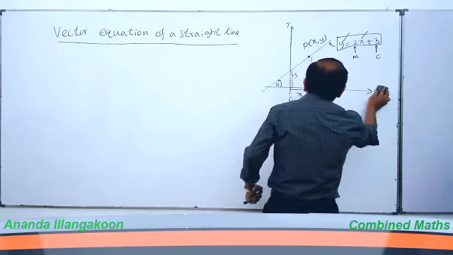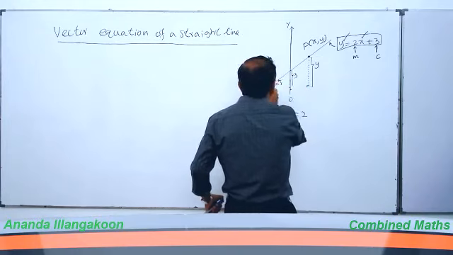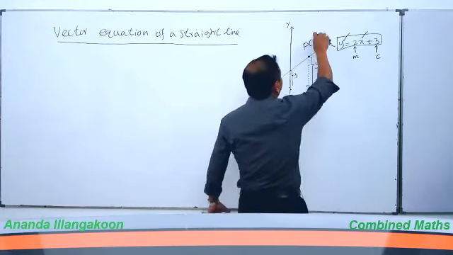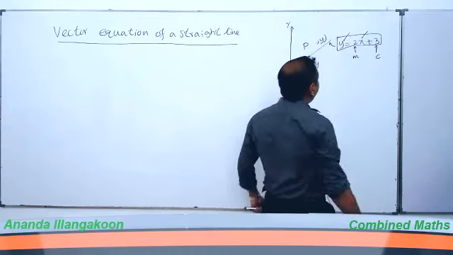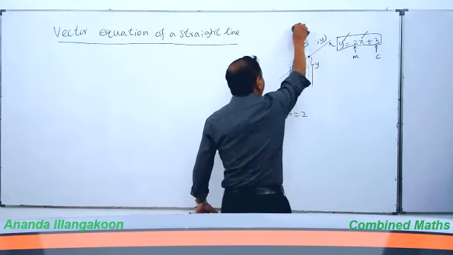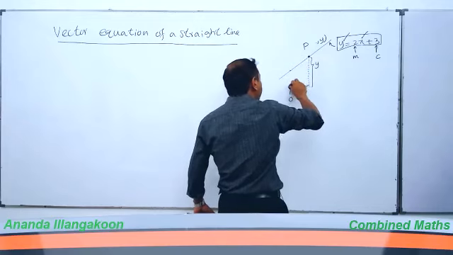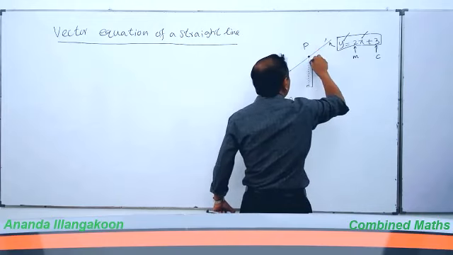When we erase the x-axis, we won't get the x coordinate. Then we erase the y-axis, and then this y is also not available.